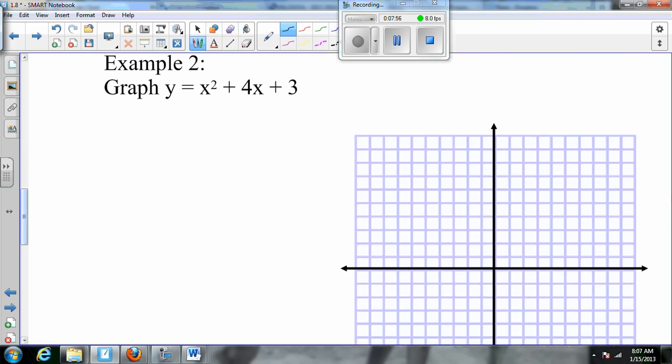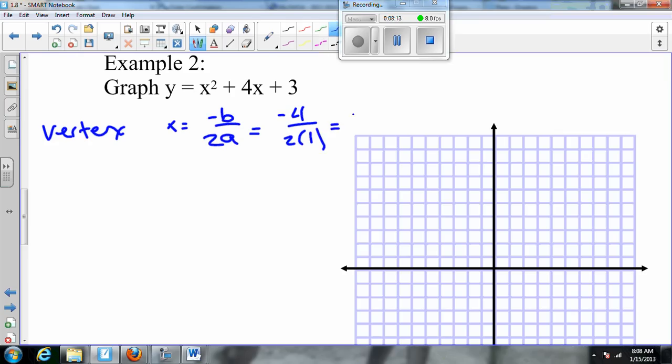Now we have a quadratic, y equals x squared plus 4x plus 3. We need to find our vertex. Our x value is negative b over 2a. So we take negative 4 over 2 times 1, which goes to negative 2.